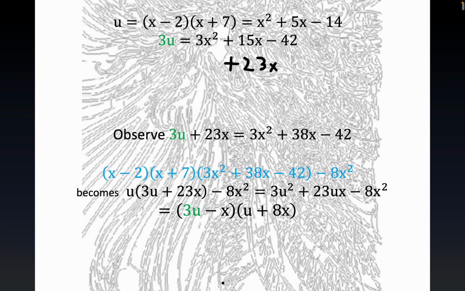However, it's not in terms of just x, which we need to happen, right? So if you subtract 1x from 3u, let me just write it down, you would get 3x squared plus 14x.